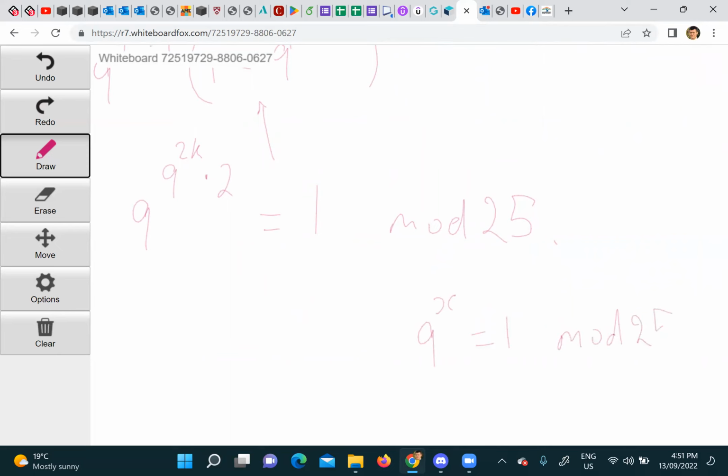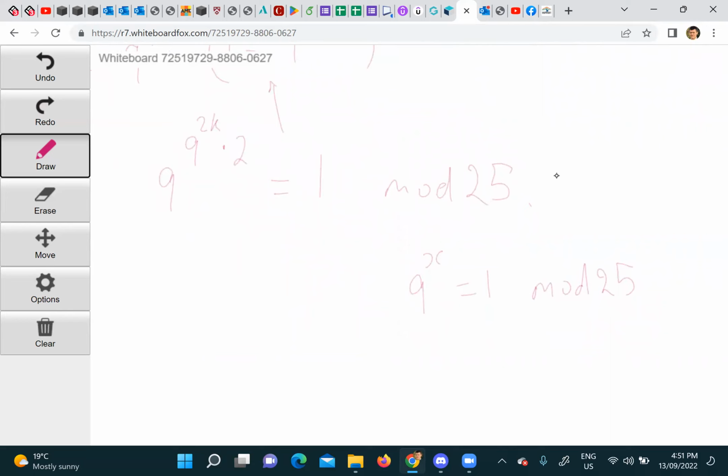Did anyone do that? Is it 4? It's not 4. So it has to divide 20. If anything powers to 1, the lowest power has to divide that power. So it's not 2.